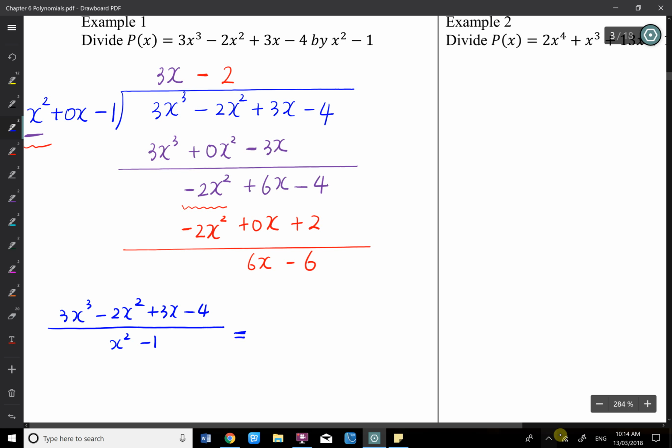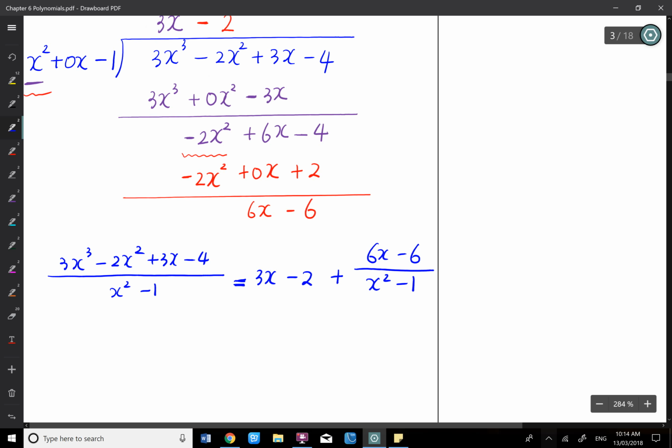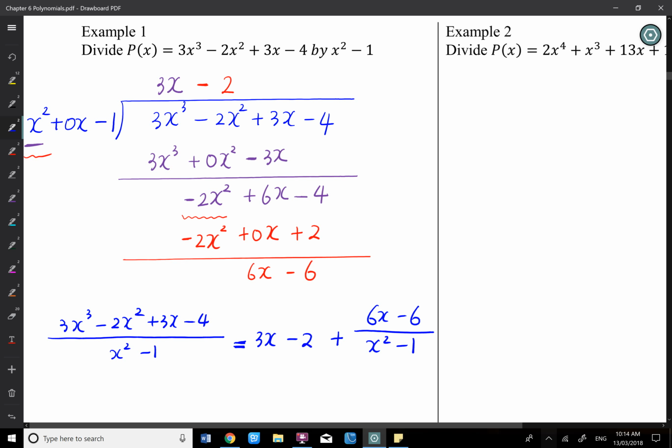So I can express my answer in two ways. The first one is when they divide by each other, you have 3x minus 2 plus 6x minus 6 divided by x squared minus 1. So whatever is on top, and then the remainder over the divisor.